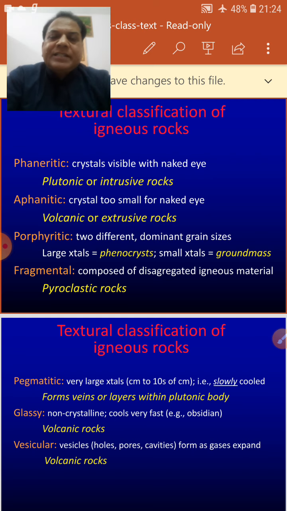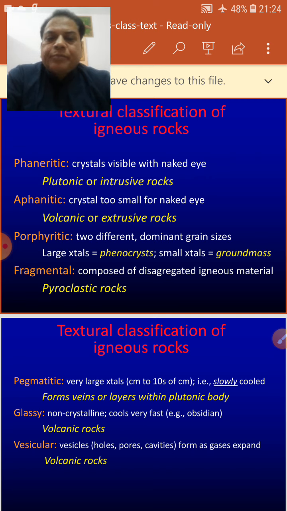In both cases the rock is in the crystalline state, but in phaneritic, if we can identify the crystalline state with our naked eyes, such rocks will be called phaneritic rocks. For example, your granite, granodiorite, diorite, syenite, gabbro.